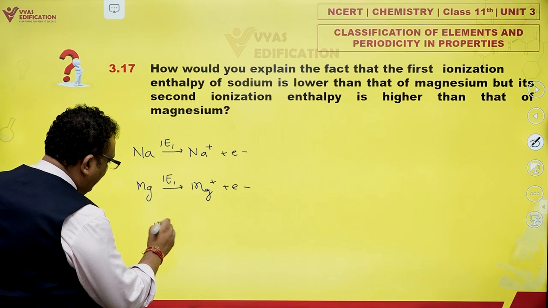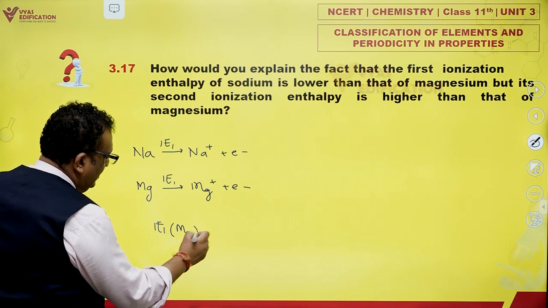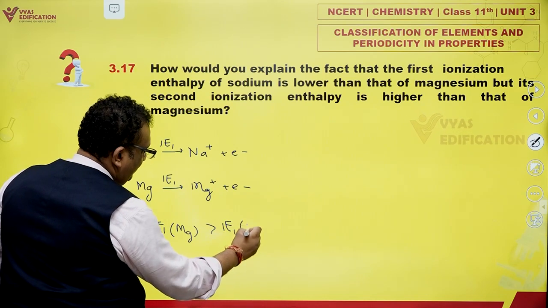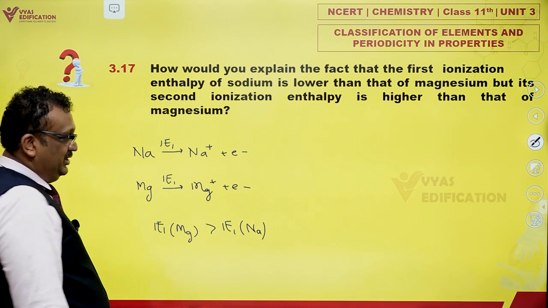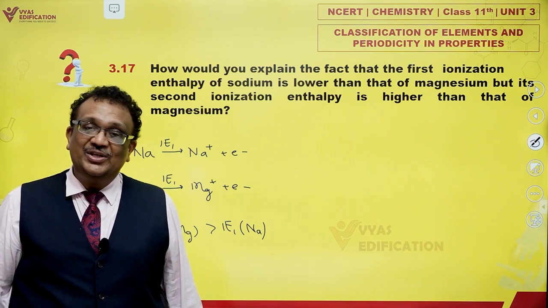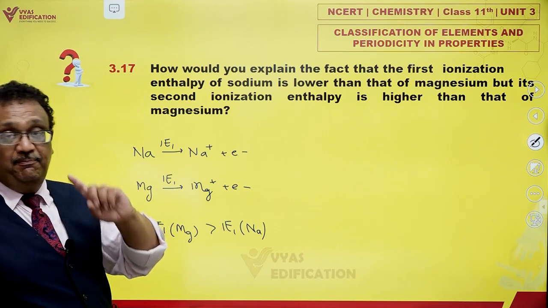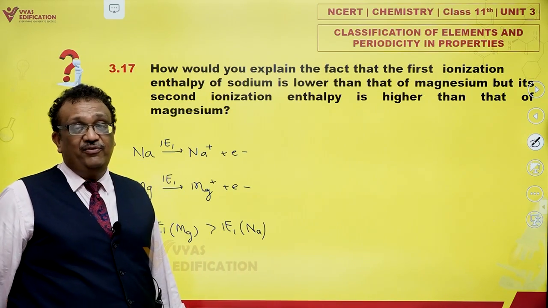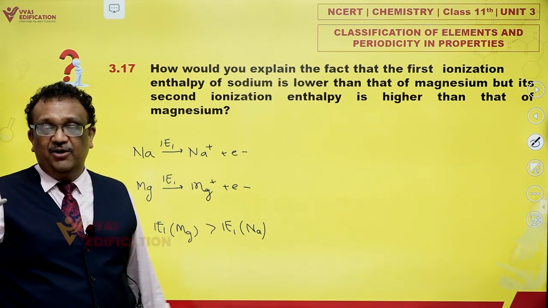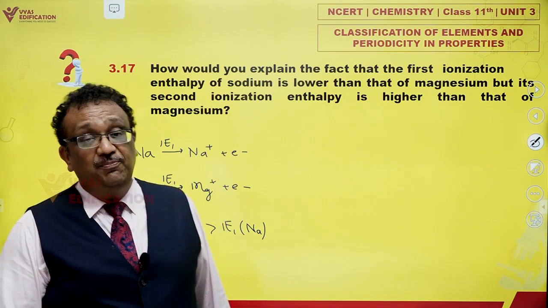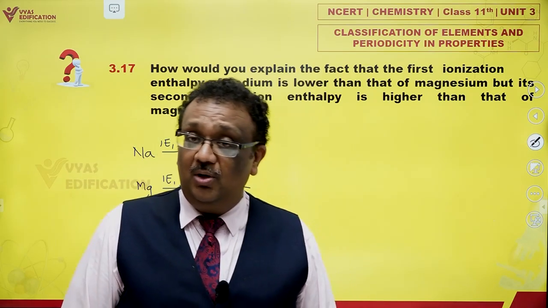Now IE1 for magnesium is higher than IE1 of sodium. Yes, indeed. Why? See, although there is a pain, you're removing electrons, which is not very nice. You're dropping an electron away. That means you have to supply some energy called ionization energy, no doubt.